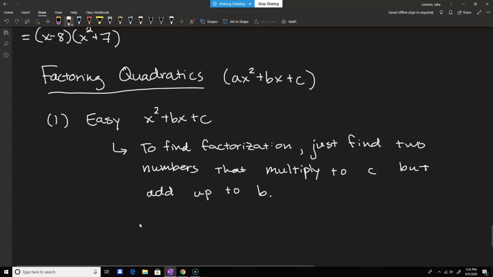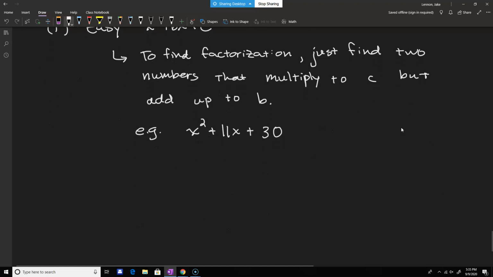Okay, so let's just do a quick example. Let's say we have x squared plus 11x plus 30. What are we looking for here? We're looking for two numbers that multiply to 30, but when you try them, they also add up to 11. So that's pretty easy, right? That would be just 6 and 5. 6 times 5 makes 30, but 6 plus 5 makes 11.